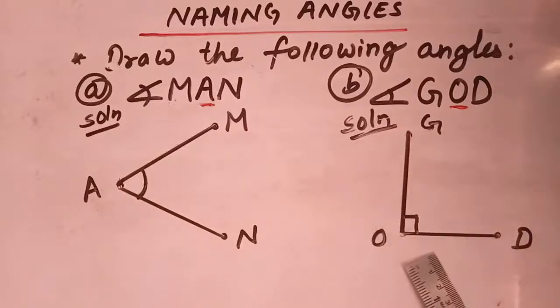A right angle is an angle which measures exactly 90 degrees. We will study about right angles in our next chapter. So in this way, students, we can draw the angle. Let's draw more angles.